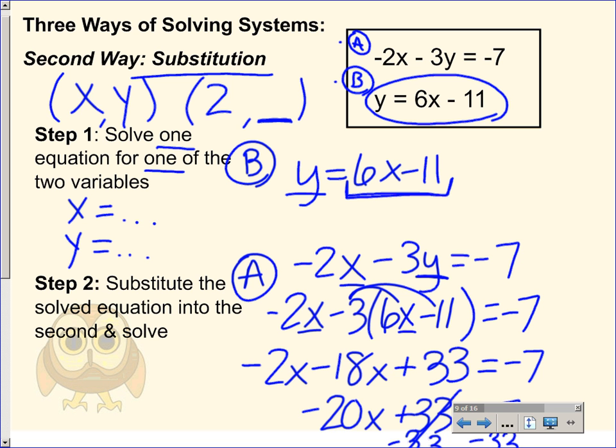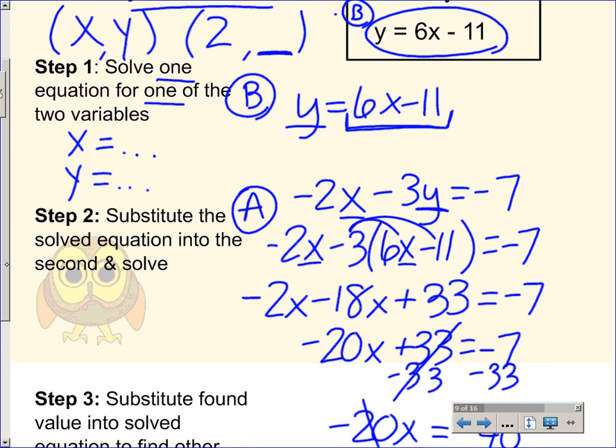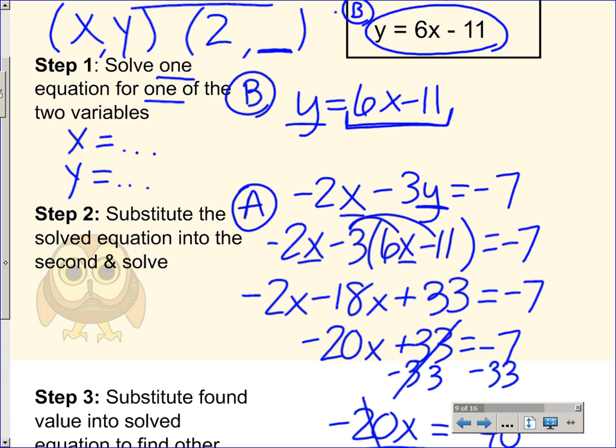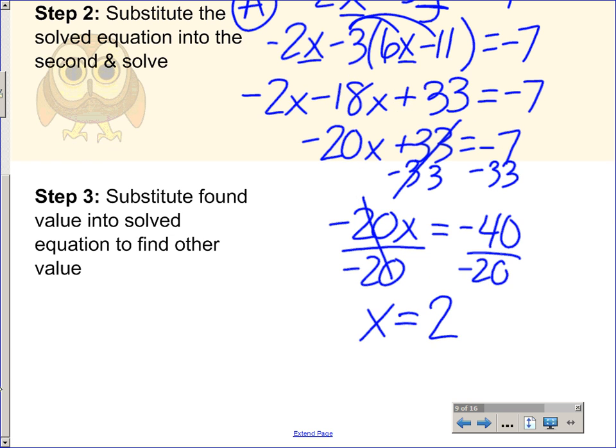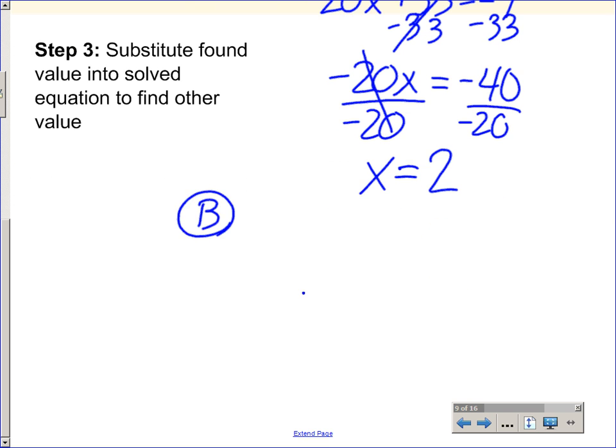For that, you're going to go back to that first equation that we worked with, equation B, and I know that y equals this, 6x minus 11. And now I know that x is 2. So your third step is to go back to equation B, or whichever one was solved for a variable to begin with.